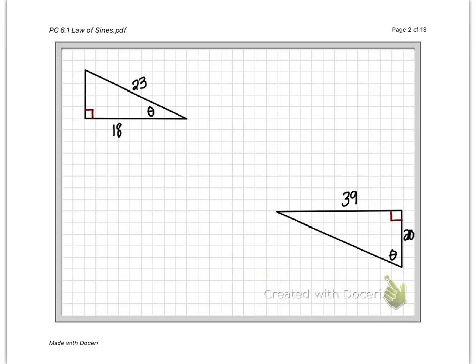We also use, when we have right triangles, sine, cosine, and tangent in order to solve for a missing angle. So here, we've got our angle theta, we have a hypotenuse, and we have an adjacent side. So we can also use cosine for this. Cosine of theta will equal adjacent over hypotenuse.